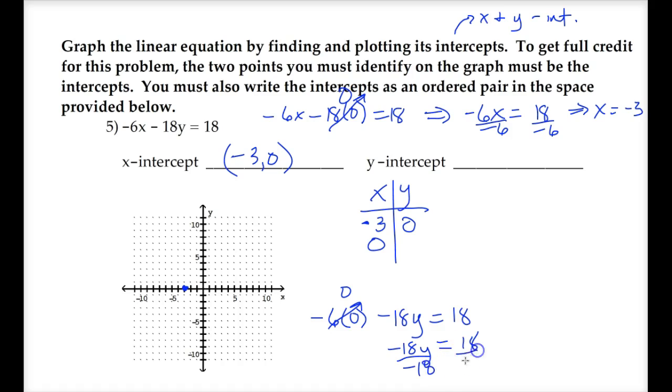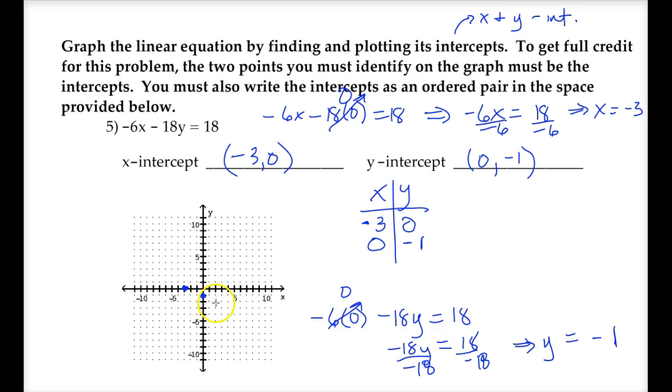And we divide both sides by negative 18. And we see that the negative 18 is reduced to 1 and just gives us y. And 18 divided by negative 18 is negative 1. And so that's what belongs here. And so our y-intercept is the point 0, negative 1, which would be right here.